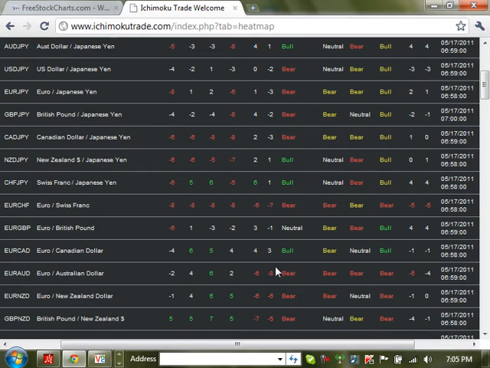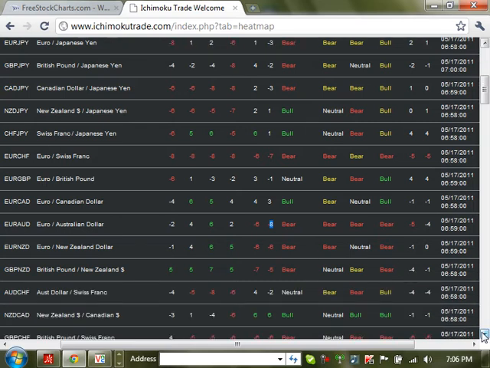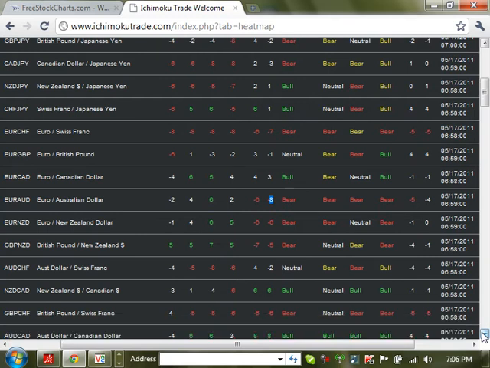Here's some here. Euro Australian is actually at the extreme side, but we'll go look at it. Euro New Zealand, Pound New Zealand pairs. I think we talked about them last week too. Like the Pound New Zealand and Euro New Zealand, they weren't quite ready then. We'll go look at them again. New Zealand CAD really hasn't changed.